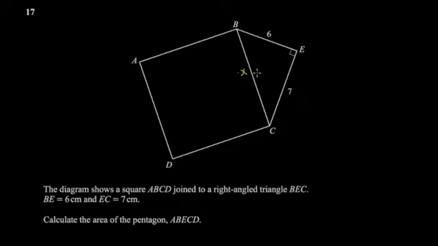You're dealing with the right angle triangle where you have 2 sides. So obviously you can find BC as the hypotenuse. So BC squared is equal to 6 squared plus 7 squared here. And notice that BC squared is actually the area of the square here.